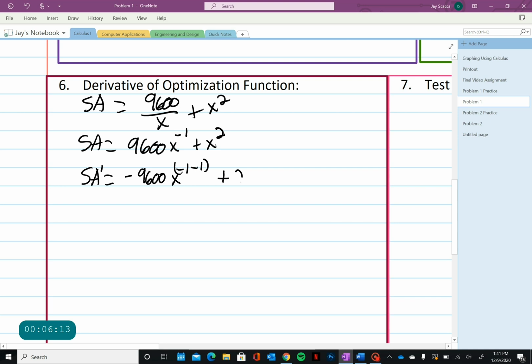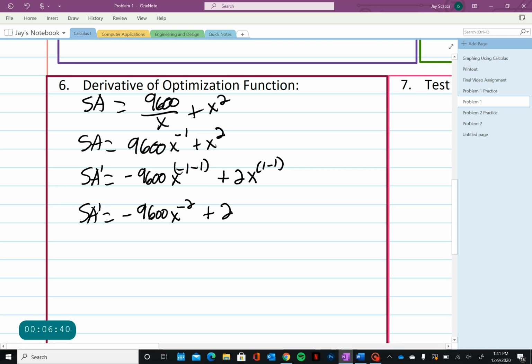Then we do that for the second term as well. Drop the exponent by 1. So we're left with -9600 x to the -2 plus 2 x to the 0, which would just leave us with 2.